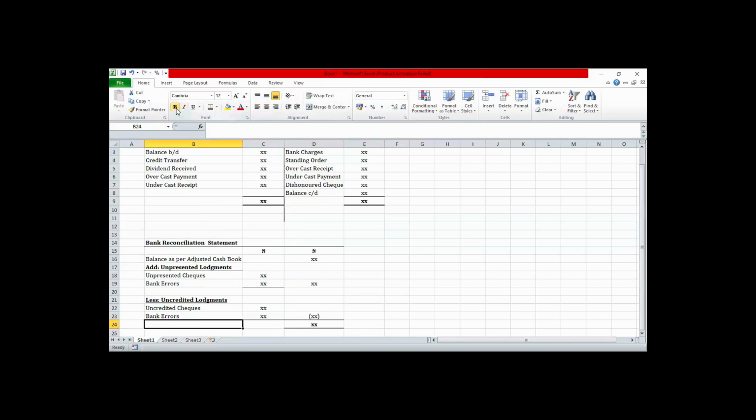It refers to as balance as per bank statement.